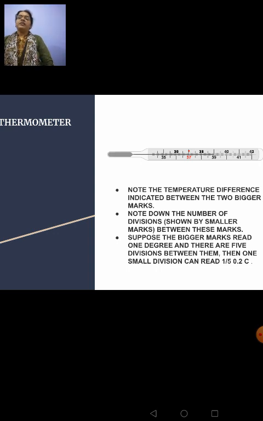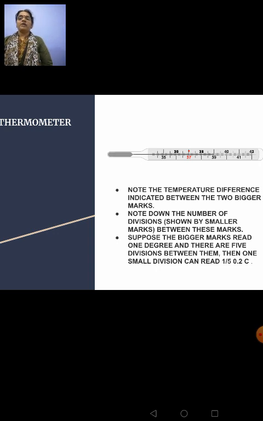Like that, the small lines in between those two bigger readings tell you the number of divisions between those two readings. Note the temperature difference indicated between the two bigger marks. Note down the number of divisions shown by smaller marks between these marks. Suppose the bigger marks read 1 degree and there are 5 divisions between them.